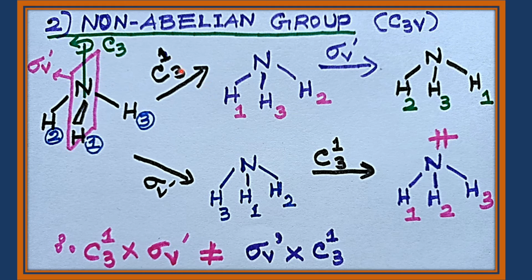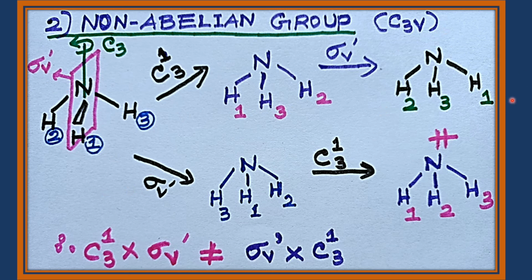Okay, let us first operate with the C3 1. Therefore, on rotating, 3 will come here, 1 will come here and 2 will come here. And next, let us operate with sigma V prime. In sigma V prime, this atom is unchanged, so 1 and 2 will be interchanged.